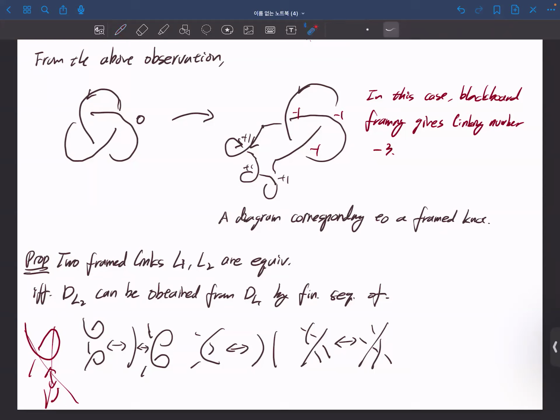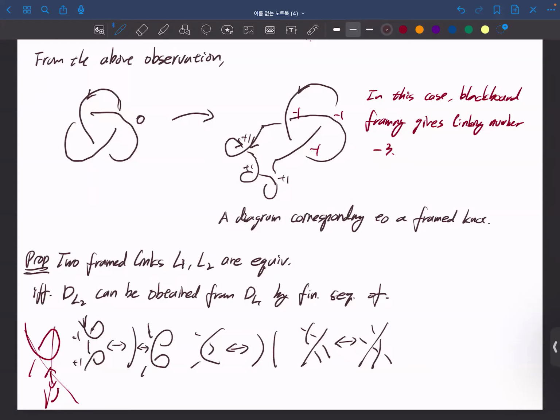But if we do it like this, then no. Then what does it mean? Later, you may check by yourself, but simply speaking, if you give orientation, then their crossing signs are different.